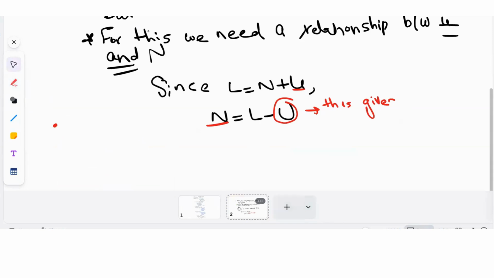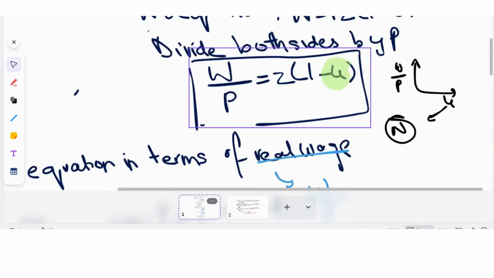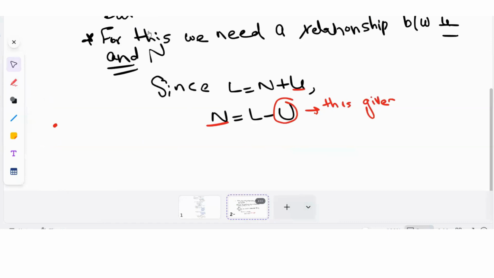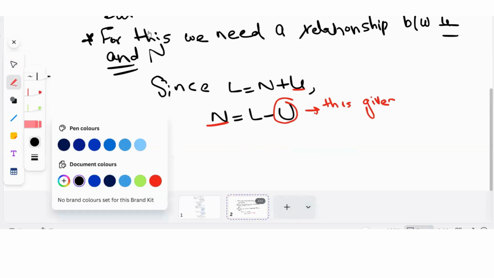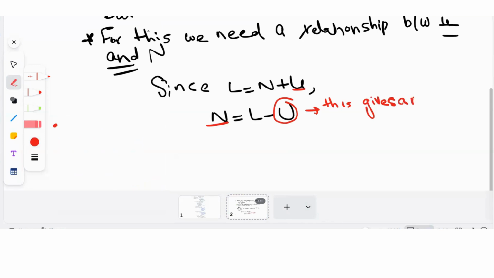We want a relationship between N and small u, because if we go back to our WS relationship, there we had a small u, the unemployment rate. What we have over here is that N is L minus capital U. This gives a relation between N and capital U, the level of unemployment.